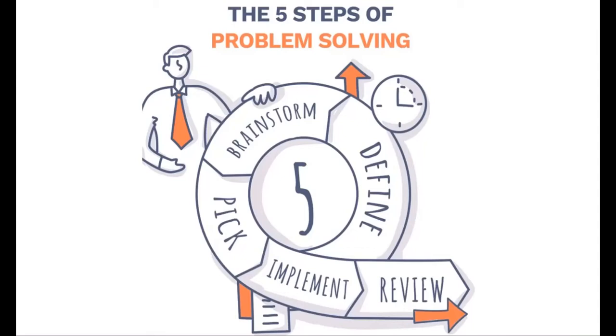First off, you can see they also have 5 different steps, and the names are kind of different, right? They start with define, brainstorm, pick, implement, and review, and just kind of go off the loop like this.